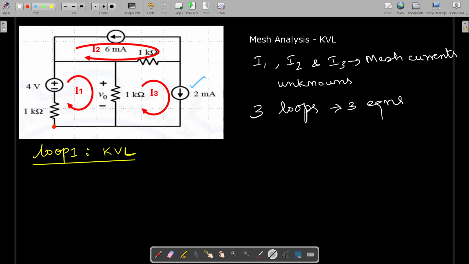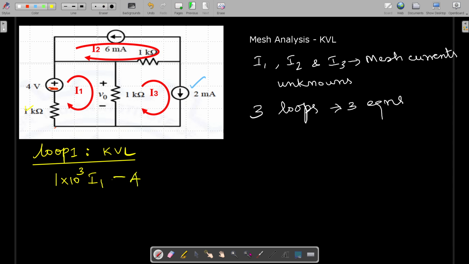Start from this bottom leftmost corner. We traverse through this path. So at that time we can write the equation like this. 1 into 10 power 3, this is for this 1 kilo ohm, multiplied by the current flowing through it, which is I1. Then we go through this minus first, so we write minus 4 volts.